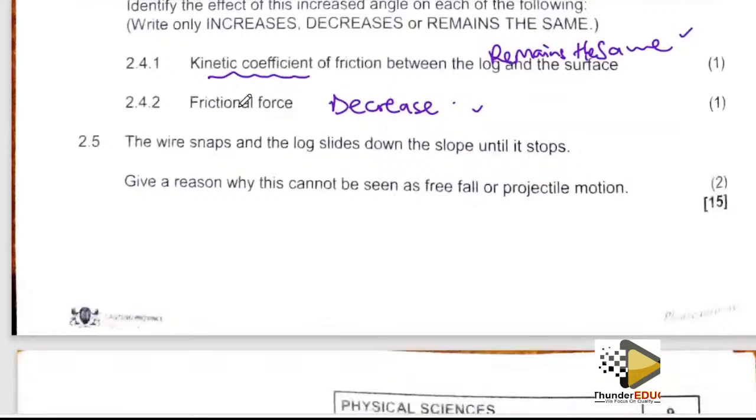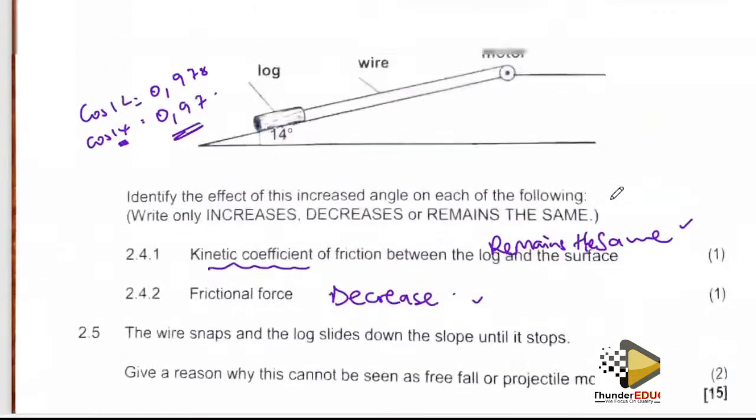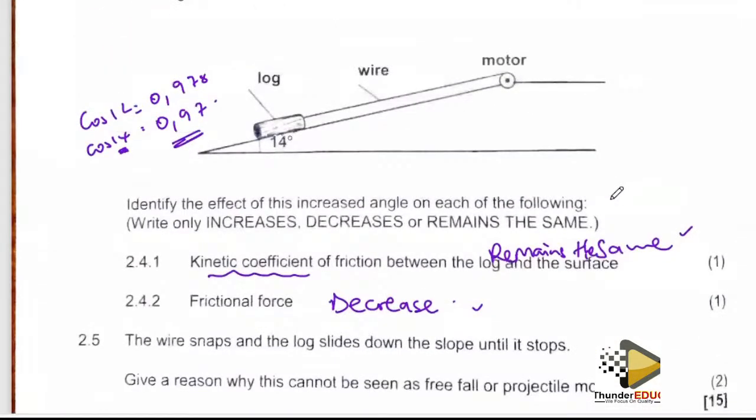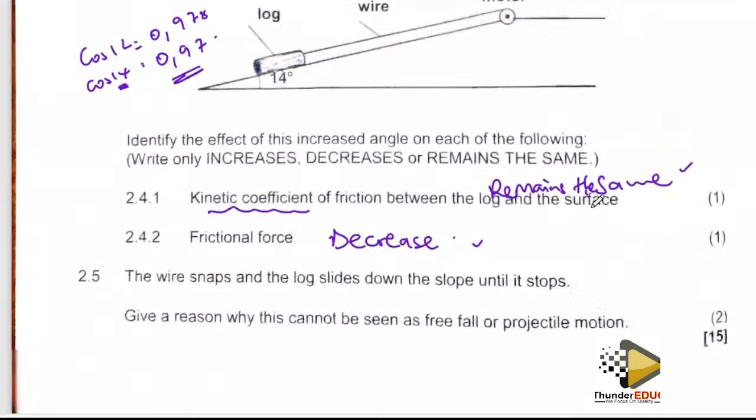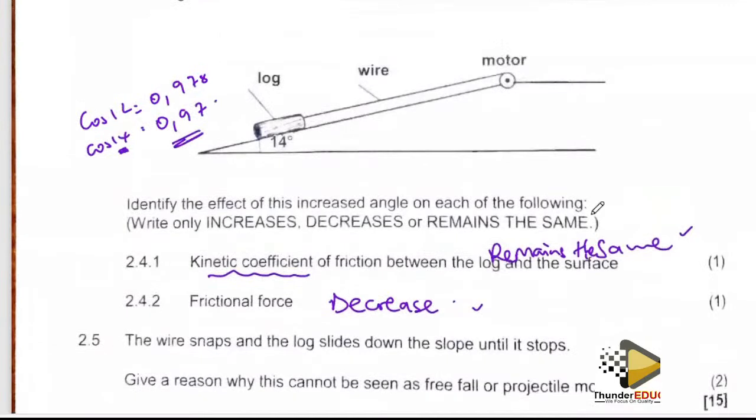But then they're telling us that the wire snaps, and then the log slides down the slope until it stops. Can we give a reason why this cannot be seen as a free fall or a projectile? Okay, so one thing we say about free fall is that the motion must be under acceleration due to gravity entirely. But in this case, as it slides down the slope, we have some other elements like friction.